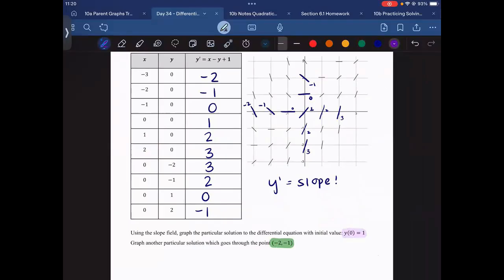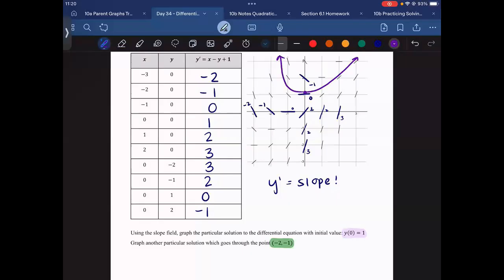All right, so what we have for this one, let's see. So 0, 1. So it's probably going to be here. And we're just going to kind of follow the lines a bit.